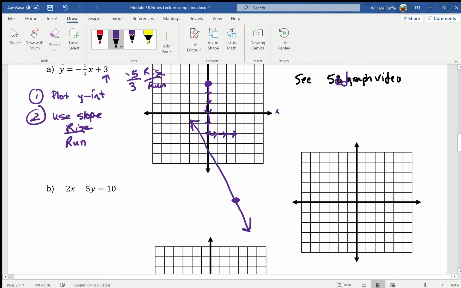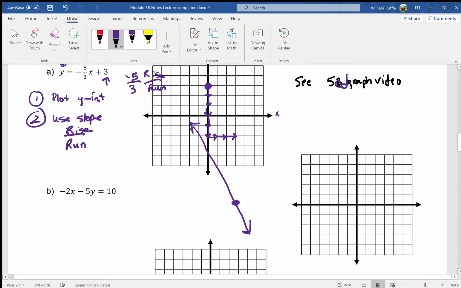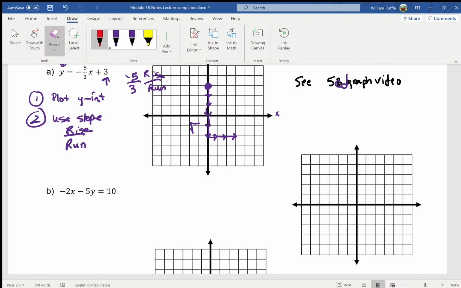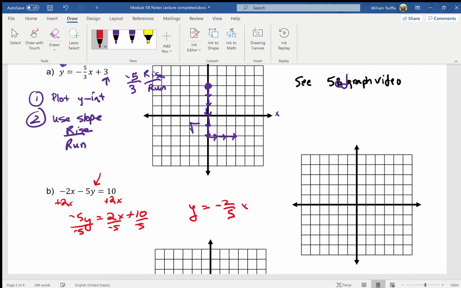This next equation right here, I don't know why that line jumped down there, but I'm going to get rid of it. So I have to solve for y. So I have to add the 2x over. So it's negative 5y equals 2x plus 10. Then I divide everything by negative 5. And I end up with y equals negative 2/5 x minus 2.